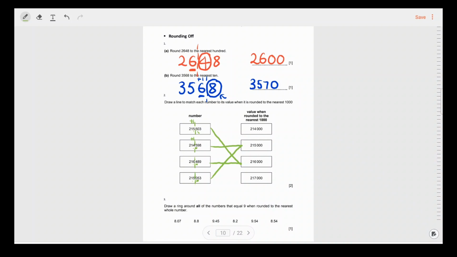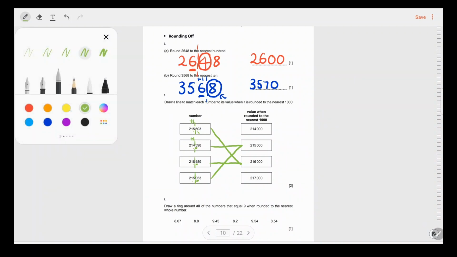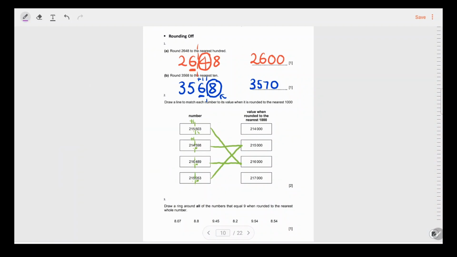Right. So next, question 3 says, draw a ring around all of the numbers that equal 9 when rounded to the nearest whole number. So here the whole number is the number before the decimal point, because after that it's like fractions.